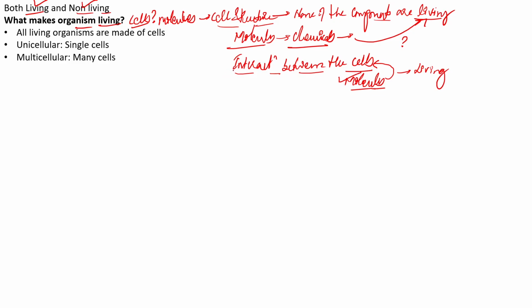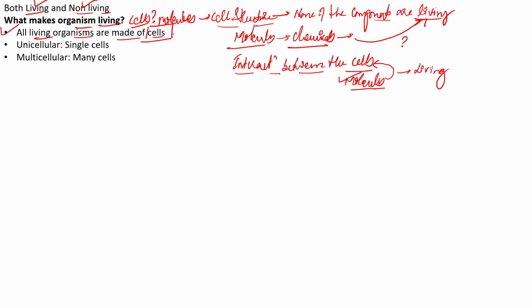This is the small inference we can make from this question. Another statement you can look at is that all living organisms are made up of cells. If you call any organism living, it must be made up of cells.